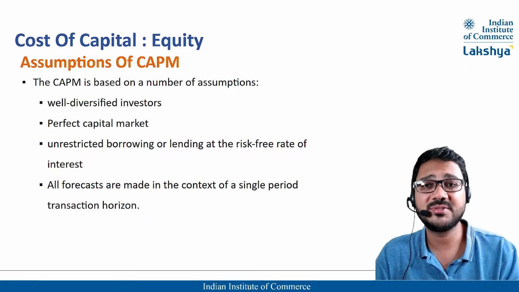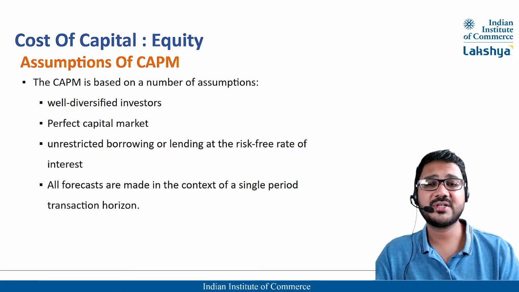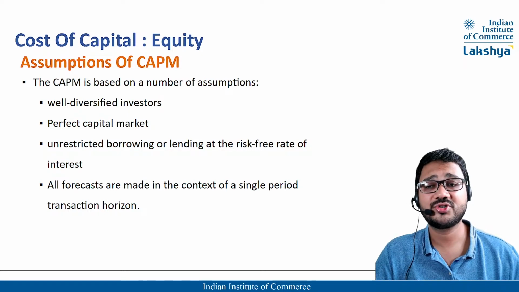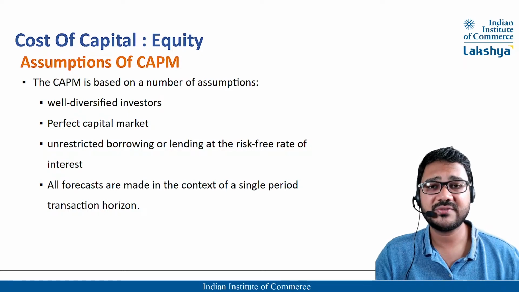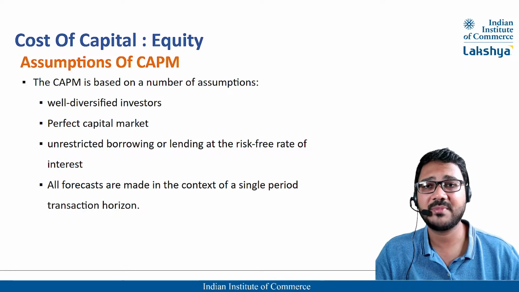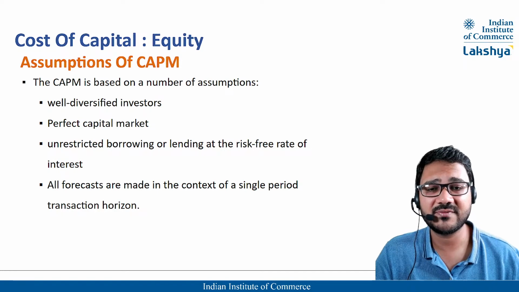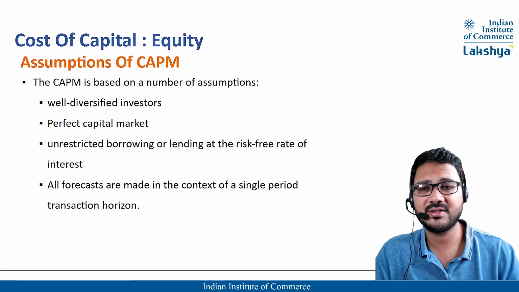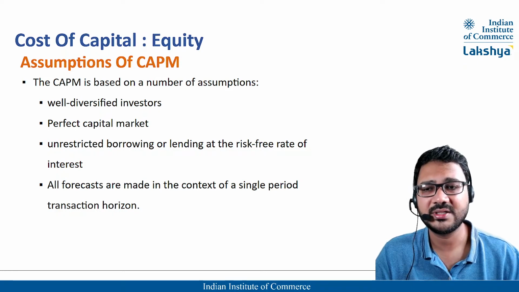There's no irrational behavior. Unrestricted borrowing or lending at the risk-free rate of interest actually is not true. In fact, even for well-diversified investors, we don't know whether it's true or false. There are no perfect capital markets at the moment. At least we believe that we have strong efficiency in the market, but not perfect efficiency.